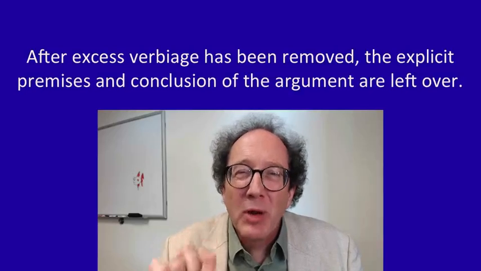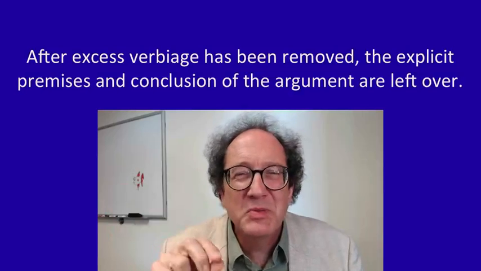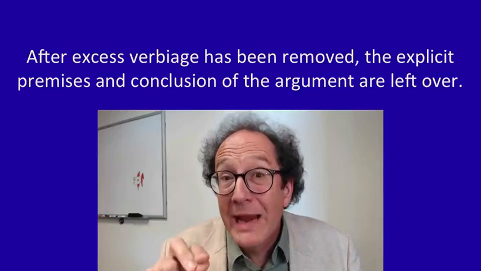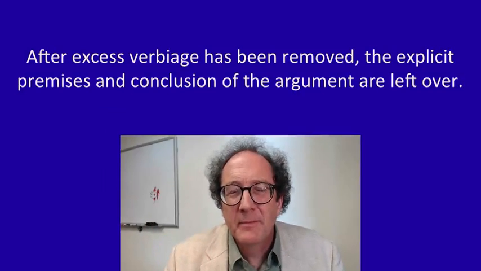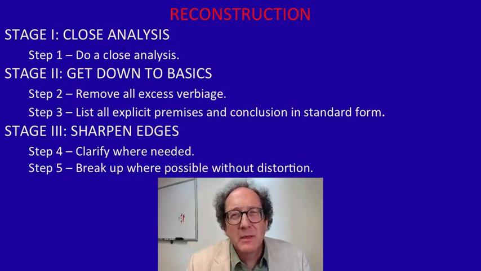Finally, once we've removed all the excess verbiage, what's left over? The answer is the explicit premises and conclusion in the argument. The point of removing the excess verbiage was to separate those essential parts of the argument, those basics of the argument, from all the stuff that's unnecessary. Of course, we still have to decide which ones are premises and which one's the conclusion, right?